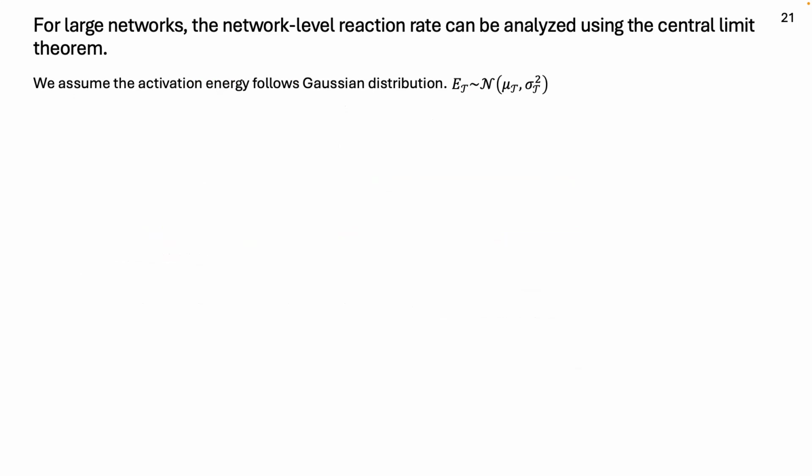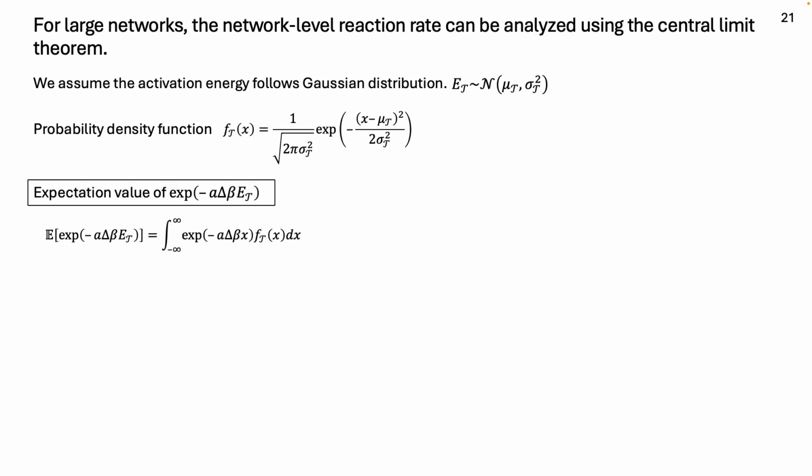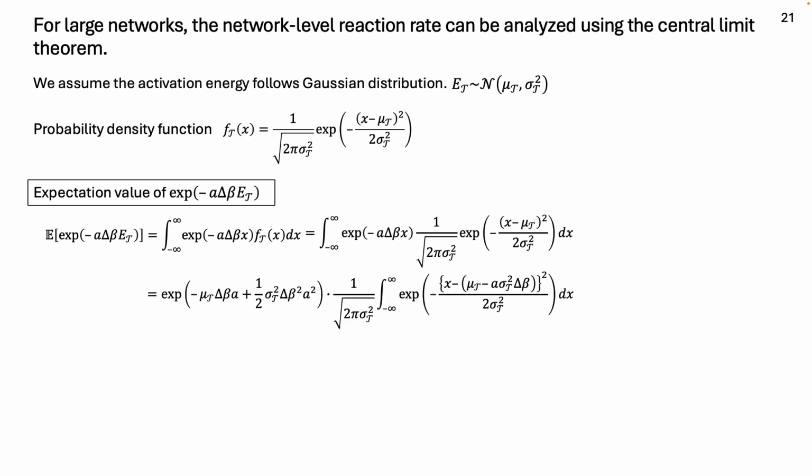And if we assume the activation energy follows a Gaussian distribution, the probability density function is Gaussian. And then the expectation value of exponential minus A delta beta ET is here. Actually, ET is Gaussian. And then this equation can be written here.